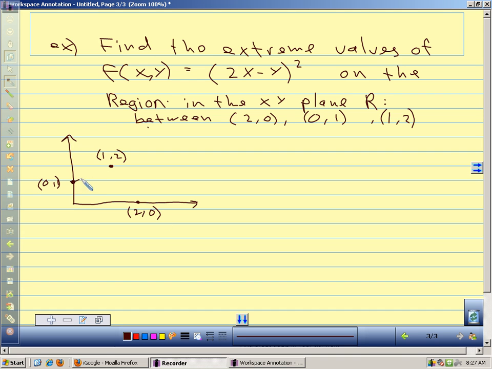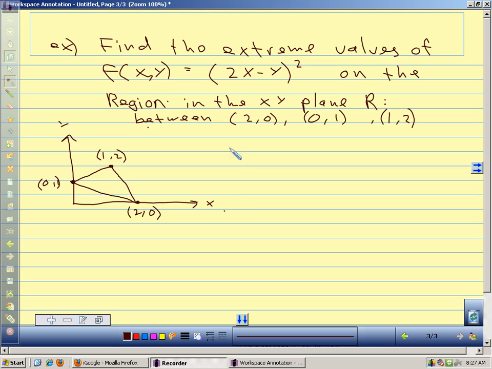So our region is this triangle in the xy plane. Our function is above the plane of our board here. Let's make some kind of surface up above the plane, and we're only interested in the extreme values that are within this triangle.